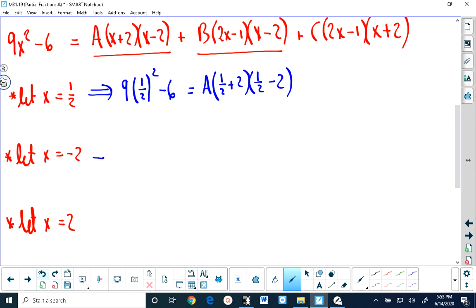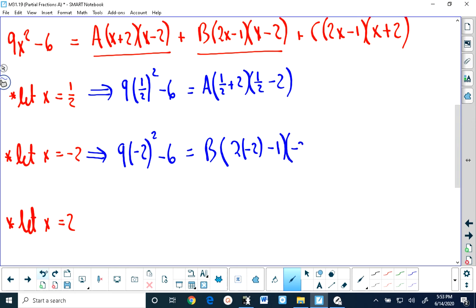When I let x equal -2, the left-hand side becomes 9 multiplied by -2 squared minus 6. And on the right-hand side, the first term, the term with a, will disappear. And the third term, the term with c, will disappear. So all I will be left with is the term that contains b. And I will have 2 times -2 minus 1 and then multiplied by -2 minus 2.